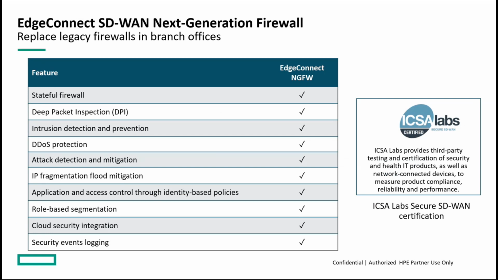For the whole stack of the next generation firewall, we have things like stateful packet inspection, deep packet inspection, and role-based URL filtering. It has the whole stack that a next generation firewall needs, and to prove it, Aruba was actually the first vendor that got the ICSA Labs certificate. ICSA Labs created this test process for secure SD-WAN.